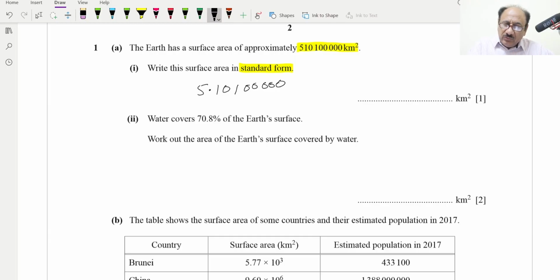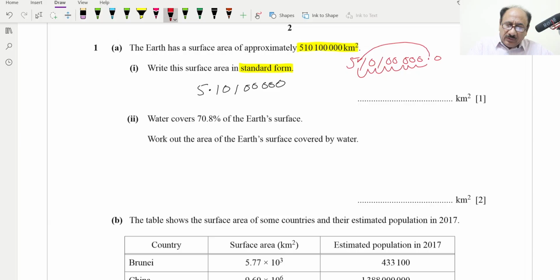Basically, for this explanation, I will write the number here with a decimal, and this decimal we have to shift over here, and we have to take 1, 2, 3, 4, 5, 6, 7 and 8 jumps.